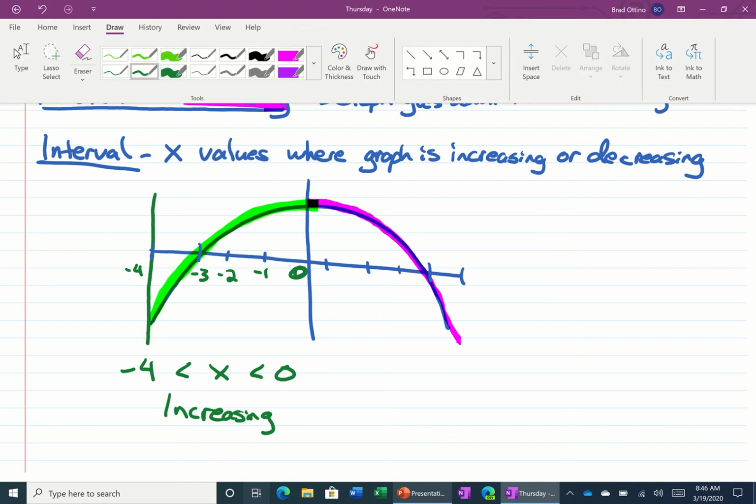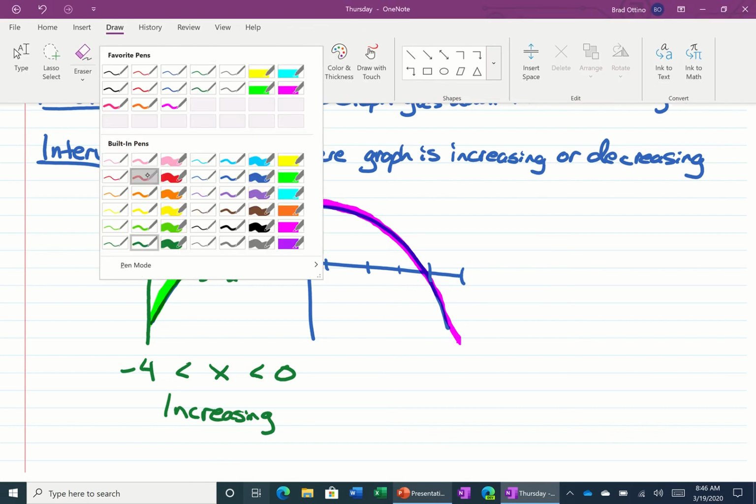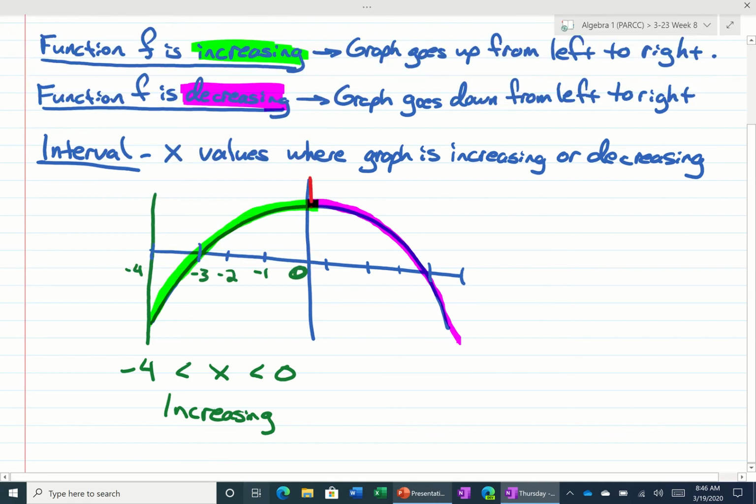And then it looks like the graph is going down. I'll use red for that. Starting right here at 0 and going to here. That's where it looks like the graph is going down. So the starting value would be 0. That goes 1, 2, 3, 4, 5 on the x values. So between 0 and 5, the graph is decreasing.